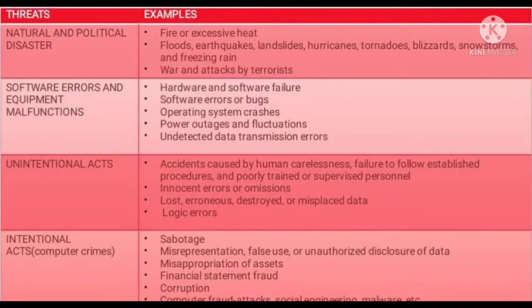The Computing Technology Industry Association estimates that human errors cause 80% of security problems. Unintentional acts are caused by human carelessness, failure to follow established procedures, and poorly trained or supervised personnel. Users lose or misplace data and accidentally erase or alter files, data, and programs.